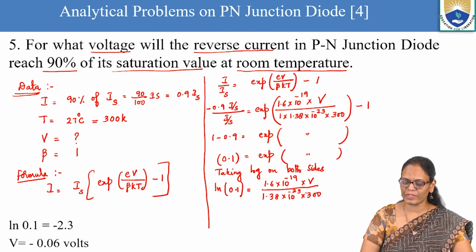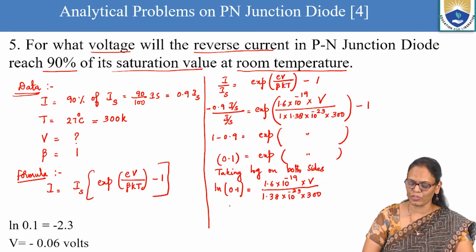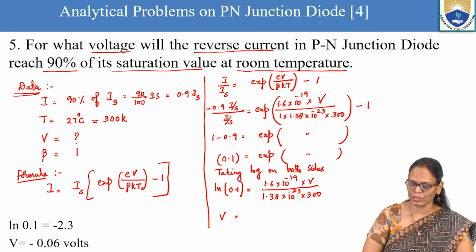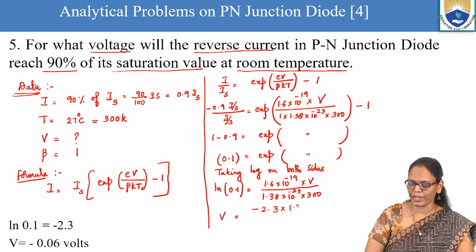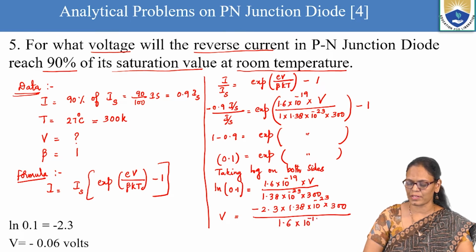So now we will just transpose, consider the value of ln 0.1, and find the value of V. So V will be equal to what? The value of ln 0.1 is minus 2.3, into 1.38 into 10 power minus 23 into 300, divided by 1.6 into 10 power minus 19.